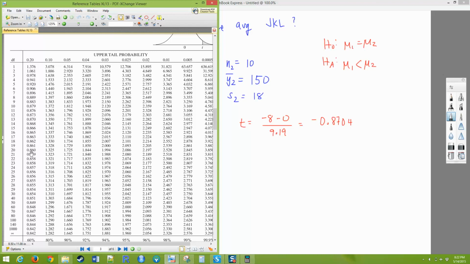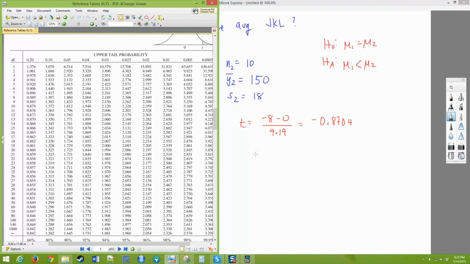Okay, and so what do we see? The first number we have is 0.86. So we know that 0.87 is further away from 0 than 0.86. Not by much, but it is further away. But it's less than 1.325, okay?